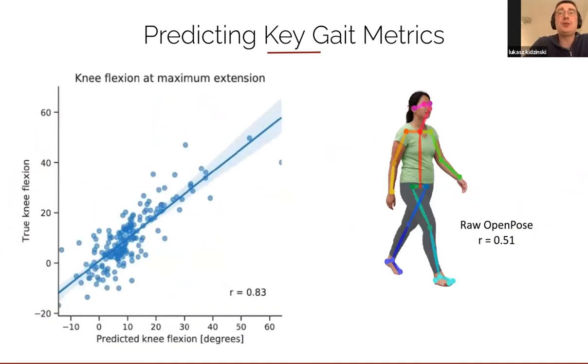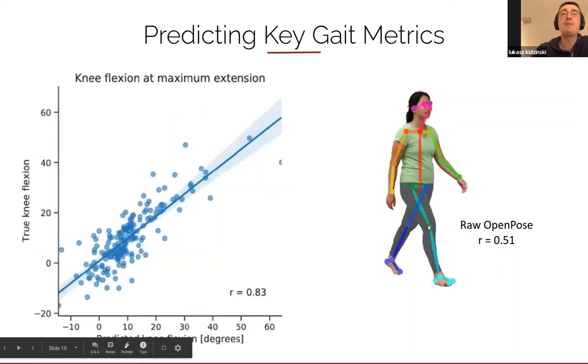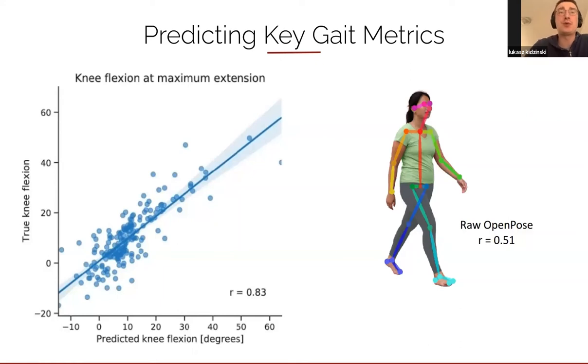We first compared that to raw predictions from OpenPose. So as you can imagine, from OpenPose directly, we can calculate some of those metrics. So for example, knee flexion, we can assume that those projected angles are good enough for predicting ground truth, and we can simply see if the peak in this projected angle from OpenPose is a good predictor of the true peak knee angle that we get from optical motion capture.